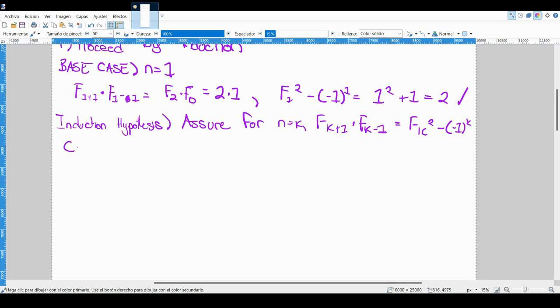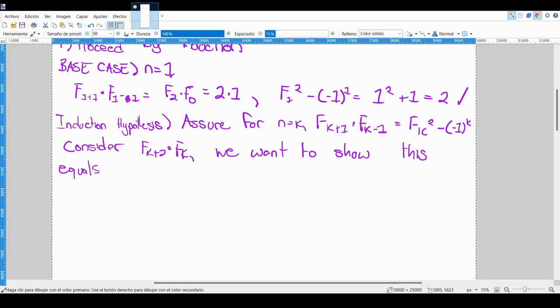Then we will consider fk plus 2 times fk. We want to show that this equals fk plus 1 squared minus negative 1 to the k plus 1th power.